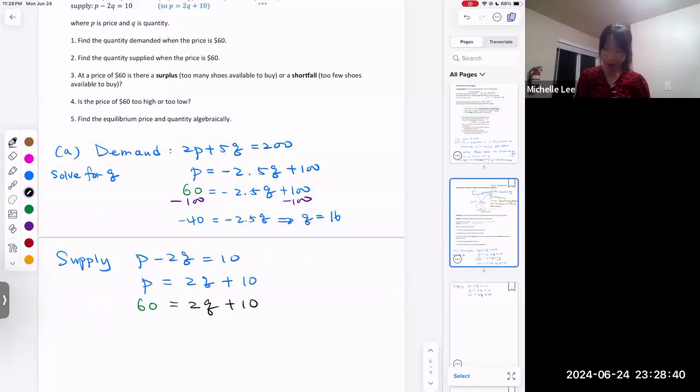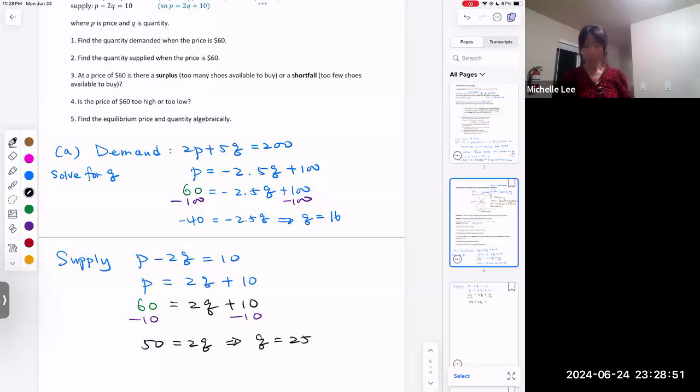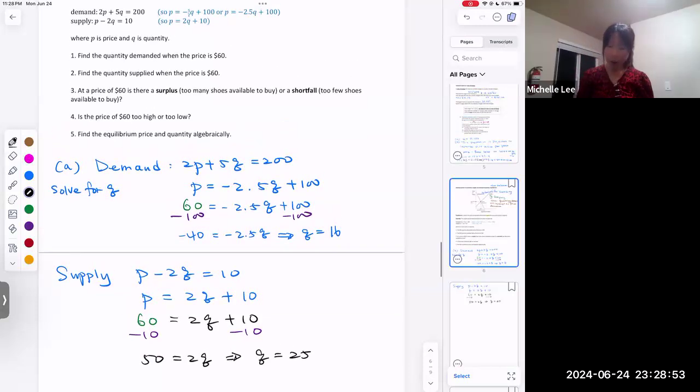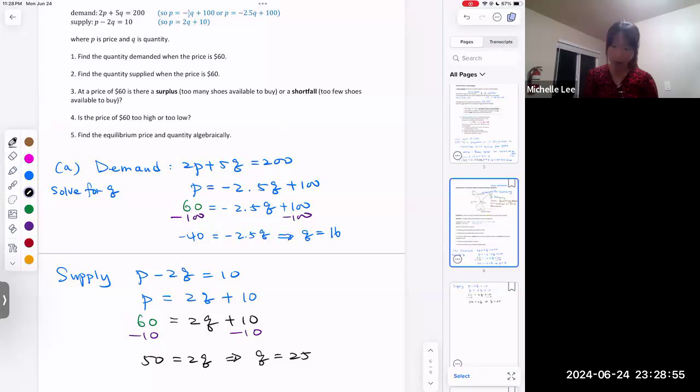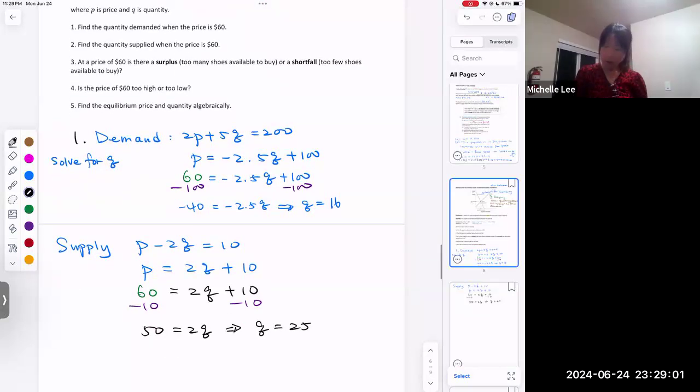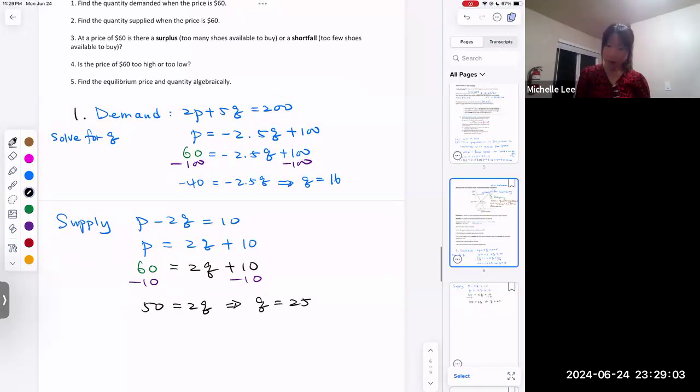So minus 10 both sides. So we have 50 equal to 2Q, which is Q equal to 25, right? Okay, second part. This is number 1. Quantity, oh, that's number 2, supply.